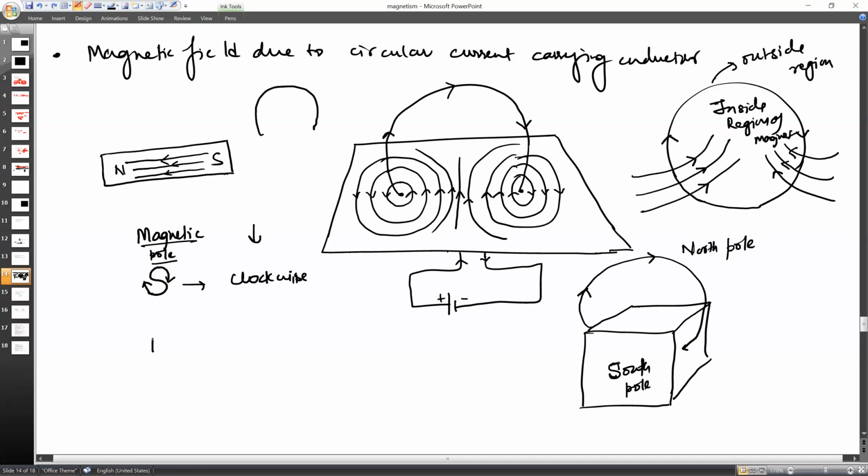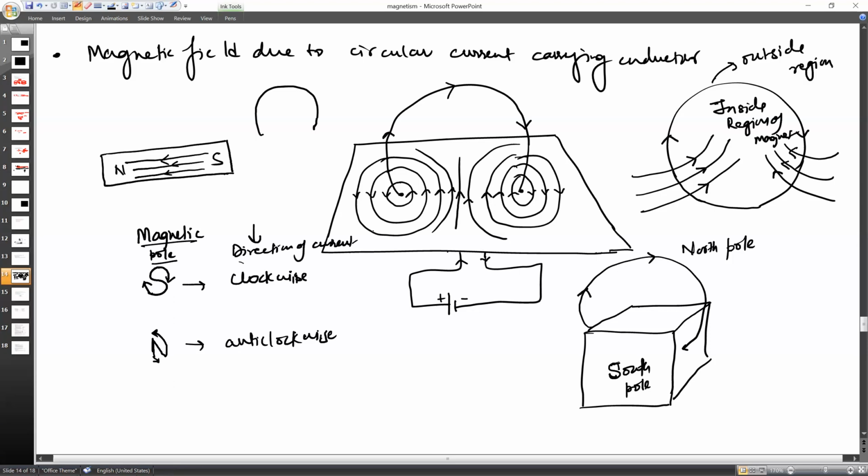If the direction of current is anti-clockwise, then it is the north pole. Or you can say that if the magnetic field lines are coming towards you, then it is the north pole. Got it?